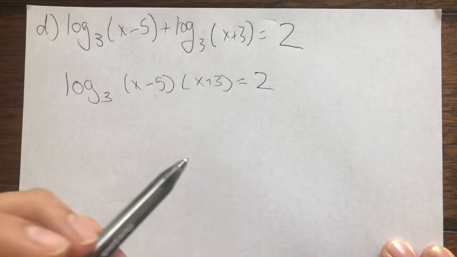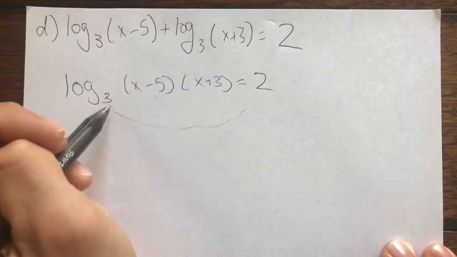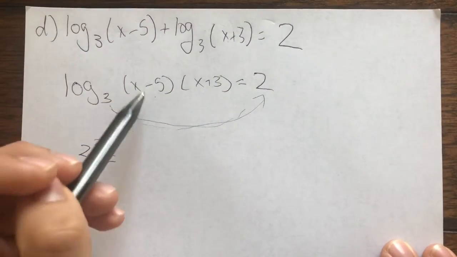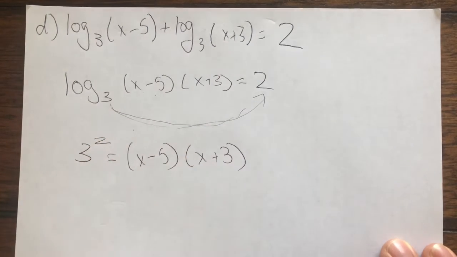So I'm going to do the scoop and loop technique where I read it as 3 to the second. So I have 3 to the second equals (x minus 5) times (x plus 3).